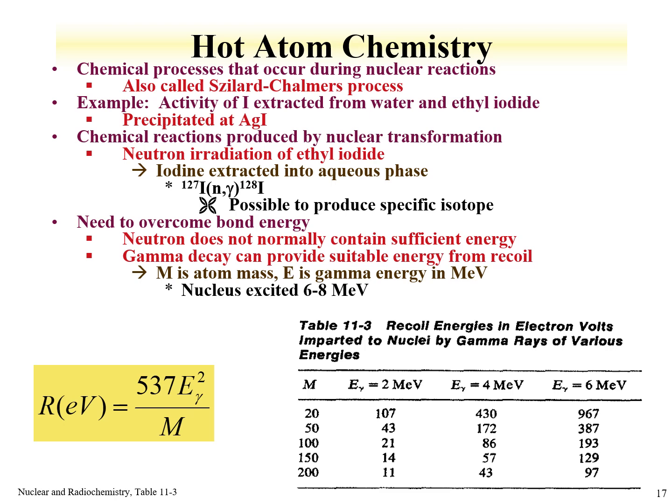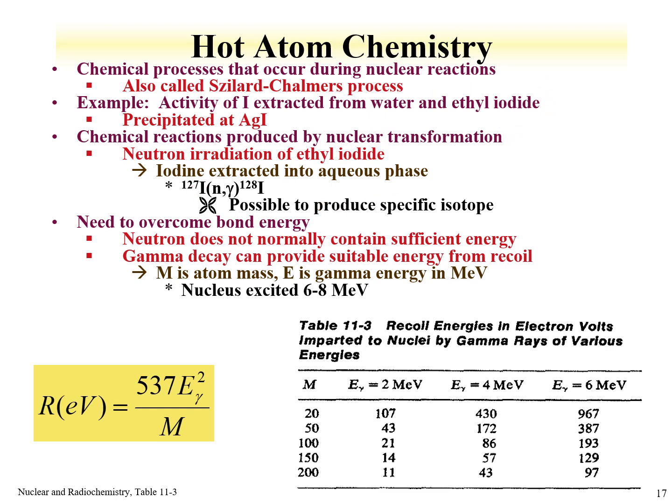When that iodine captures a neutron and becomes iodine-128, it separates from the ethyl iodide and can be precipitated as silver iodide. In this route, only the activated iodine is separated. And this is due to the fact that the interaction with the neutron causes a chemical reaction. So that is described here. The iodine gets extracted into an aqueous phase from the organic and then precipitated.